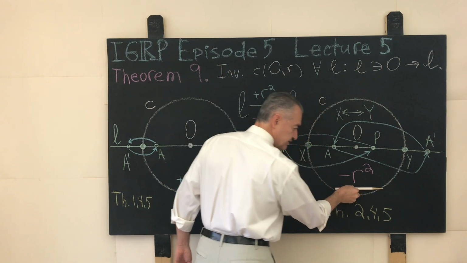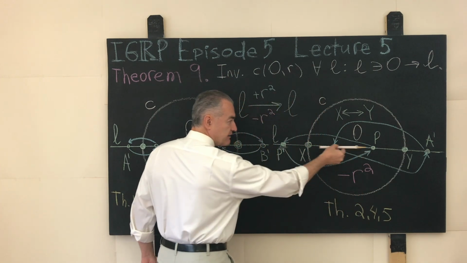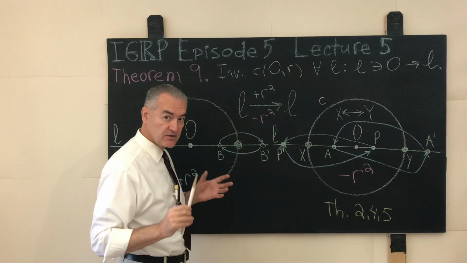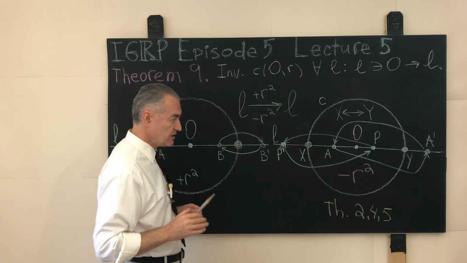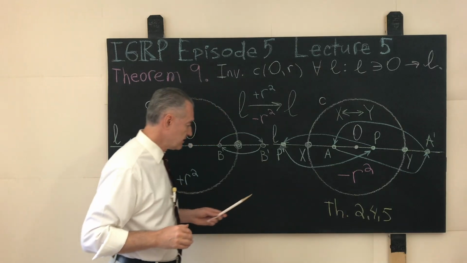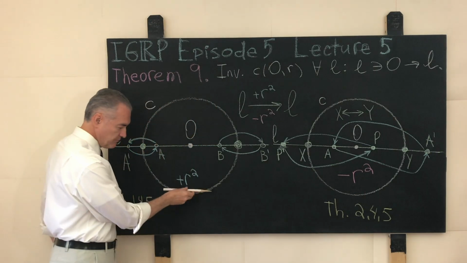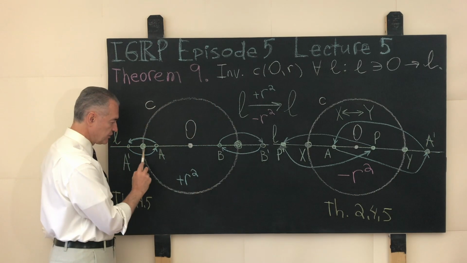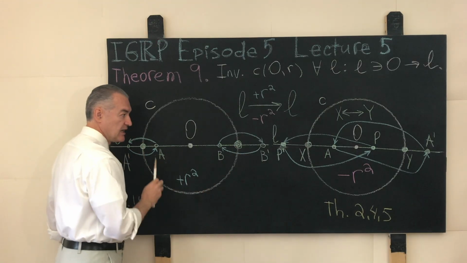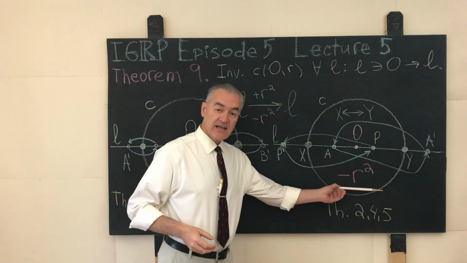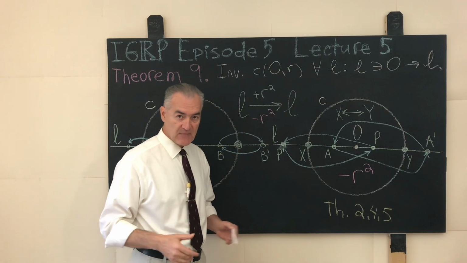And that means that in this case, interestingly enough, unlike the scenario when the power of inversion was positive and we had 2 fixed points, when the power of inversion is negative, there are no fixed points.